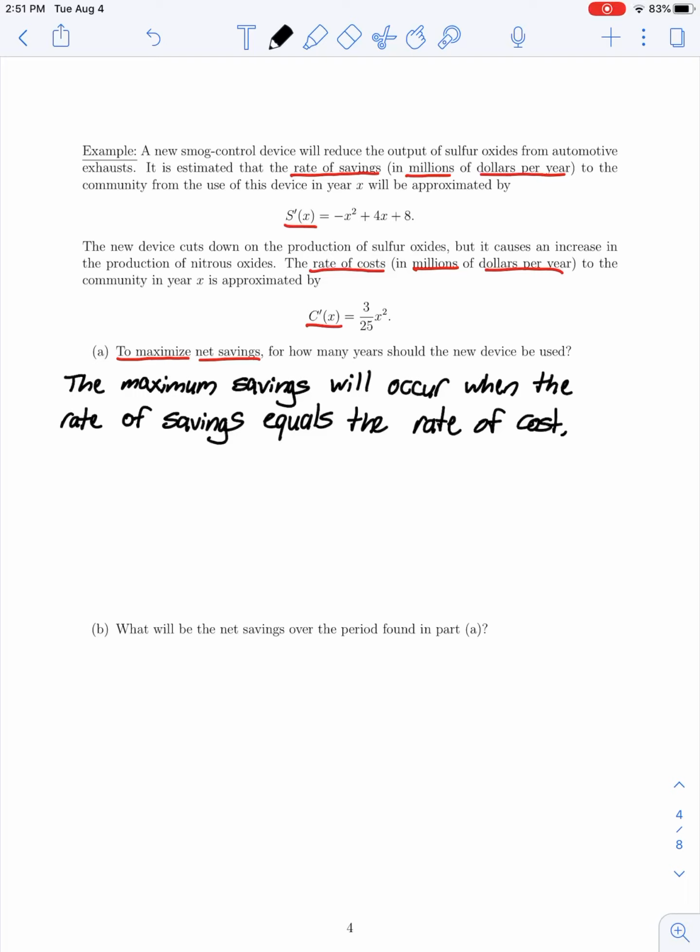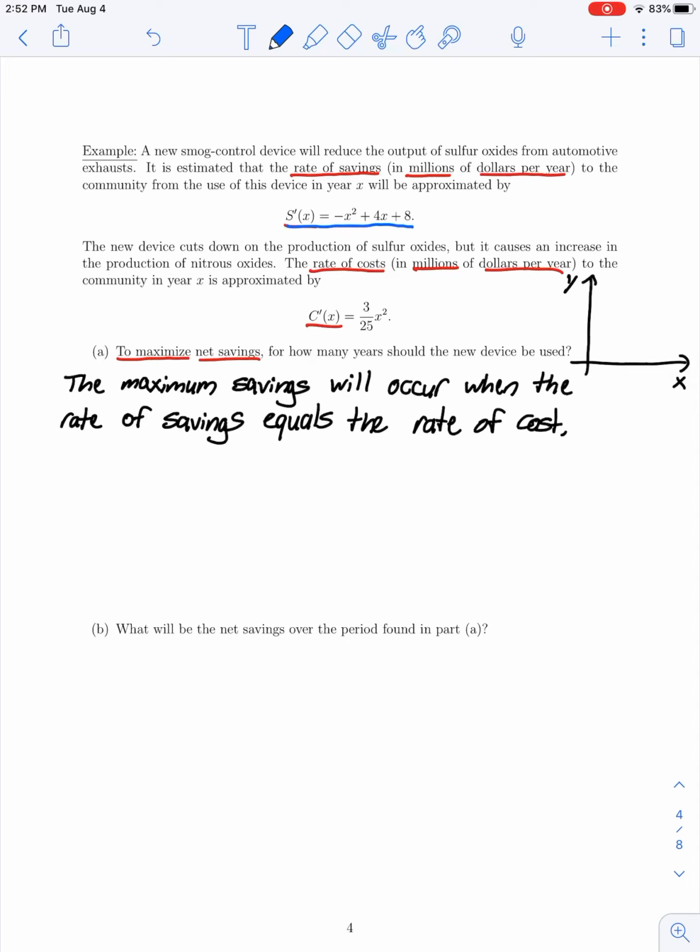So the easiest way, I think, to explain this is to consider the graphs of these two rate functions. Our rate function for savings is a quadratic, which has a negative x squared coefficient, so it's a parabola opening downward.